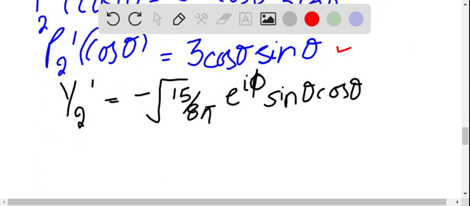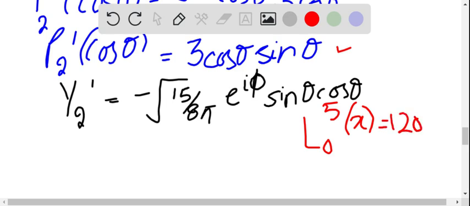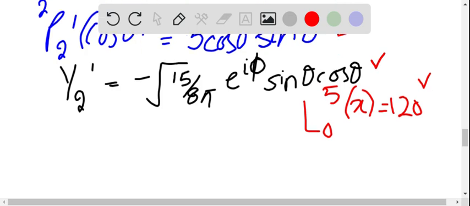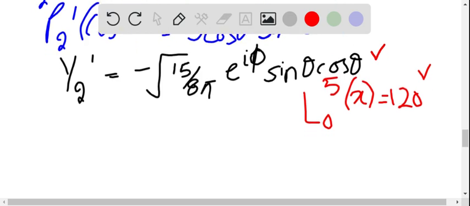So we need to use that L sub 0 raised to power 5 of x is equal to 120, right? So we will be plugging this along with this equation into the overall formula, that is equation 1, right? And then manipulating it algebraically, we would get the solution for part A.